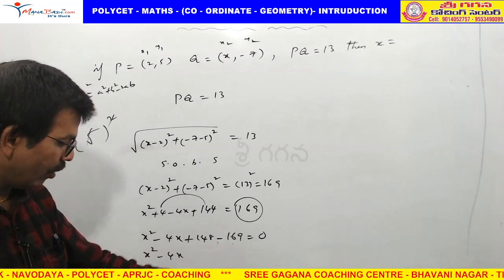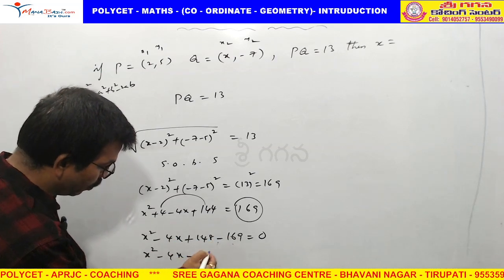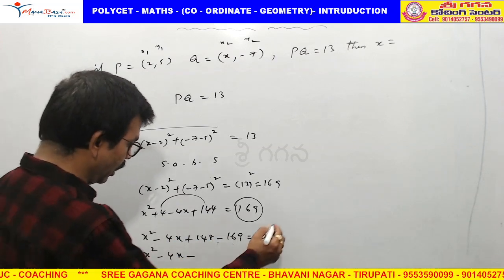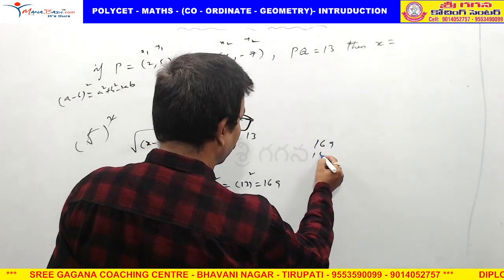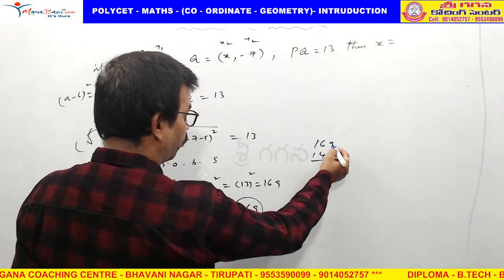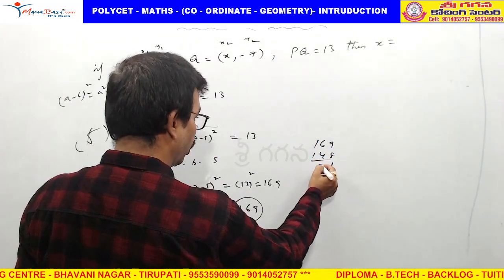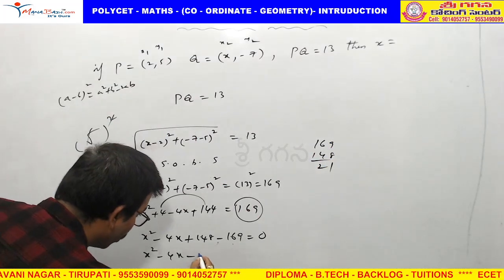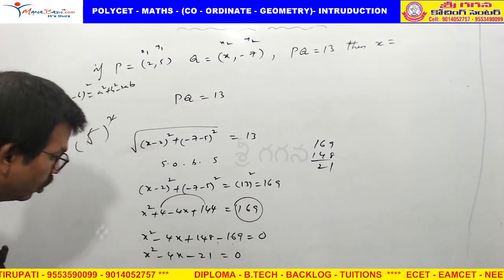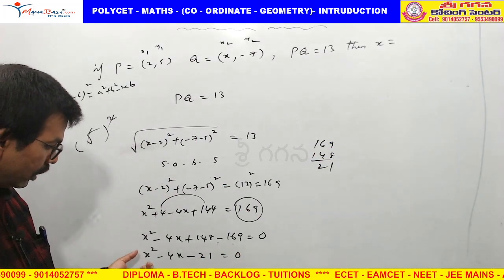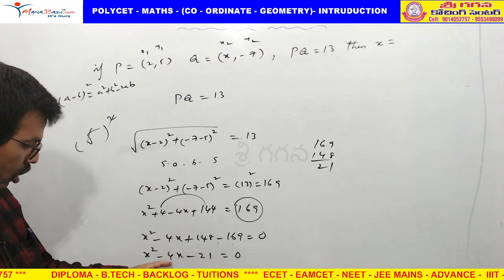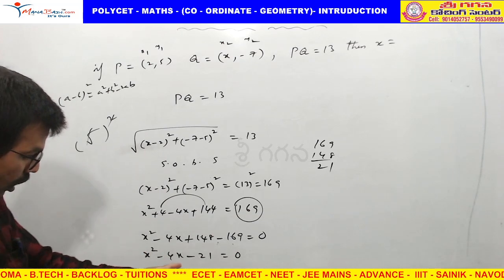The bigger value has the minus, that's why the negative symbol will come. 169 minus 148 is 21, so minus 21 equal to 0. So clearly this is a quadratic equation in terms of x: x square minus 4x minus 21 equal to 0.